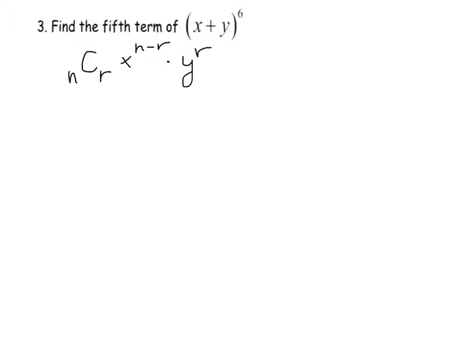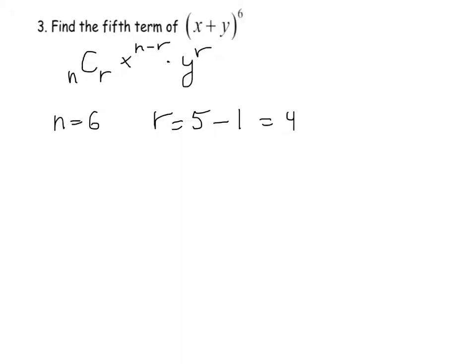So now I need to identify what n and r will be. n will equal 6, and it comes from the sixth power. And r will equal, we are finding the fifth term, so it's going to be 5 minus 1, or 4.